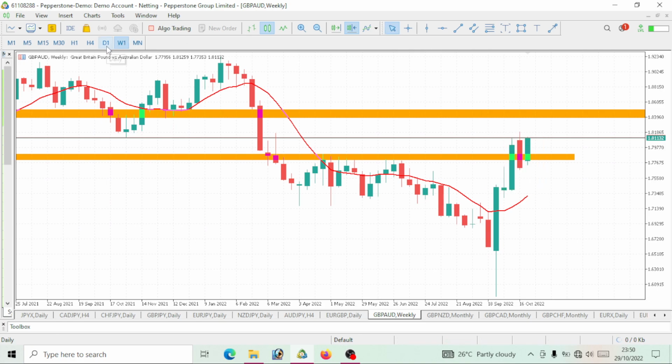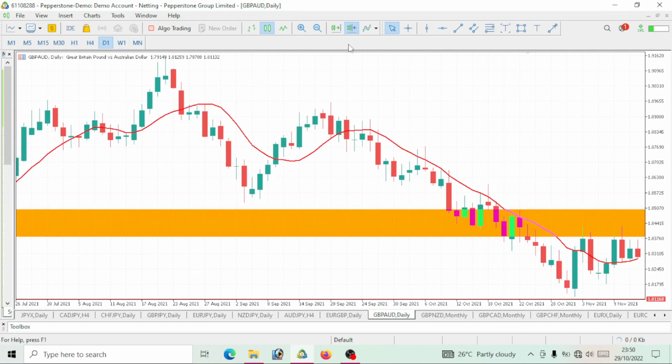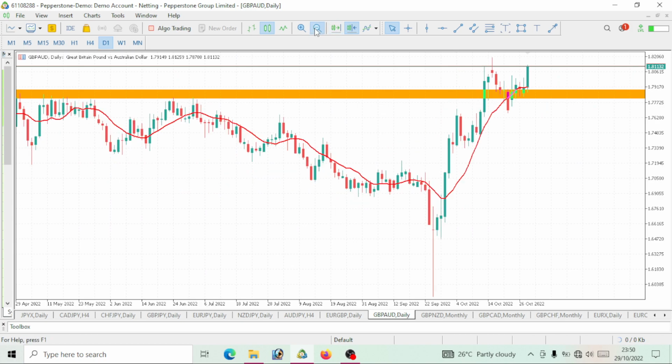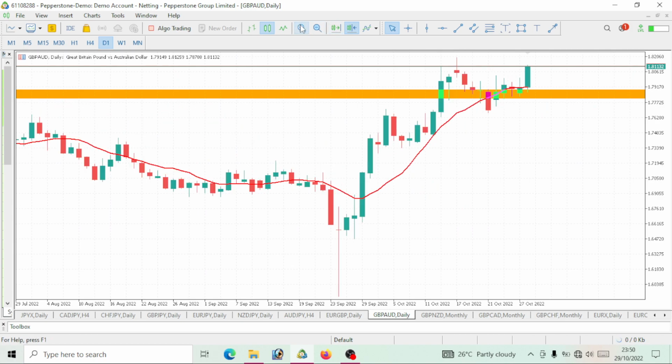So that would now take us down to the daily time frame. So what does this daily time frame say? Clearly we are on an uptrend. So take a look at these movements here. Here comes the higher highs, higher lows, right? Another higher high has been made, higher lows, right? Now we are making a new higher high.